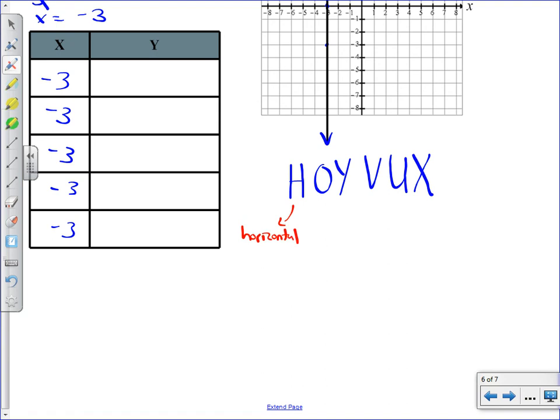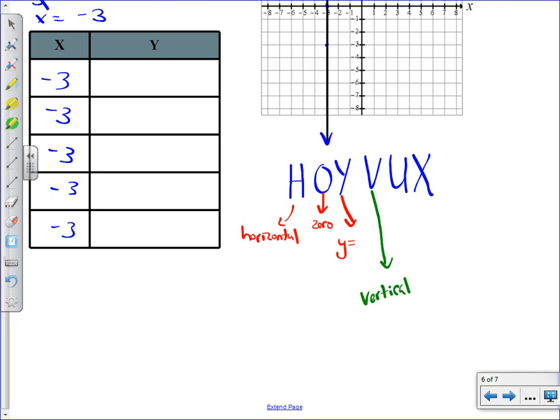If it's horizontal, it has what type of slope? 0. So it's saying a 0 slope. And it will always be in the form y equals some number. The Vux part, this is telling you that it is a vertical.